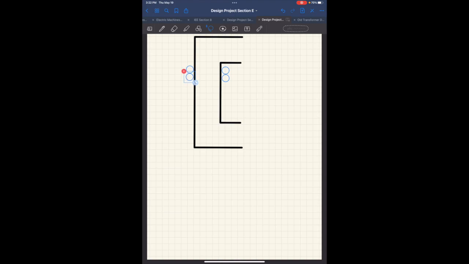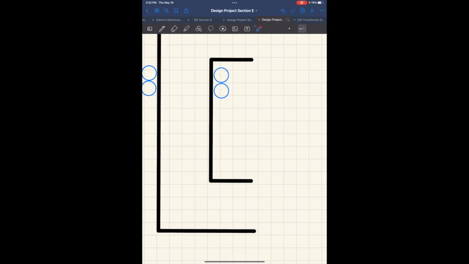As a reminder, the diameter of the low side cable, I remember the number because I did this before. If you don't remember, you have to flip back. But basically, the diameter should be 0.549 inches. So let's see how tall the transformer has to be just so that we can wrap only, let's say, one layer. This would be considered one layer, like this.